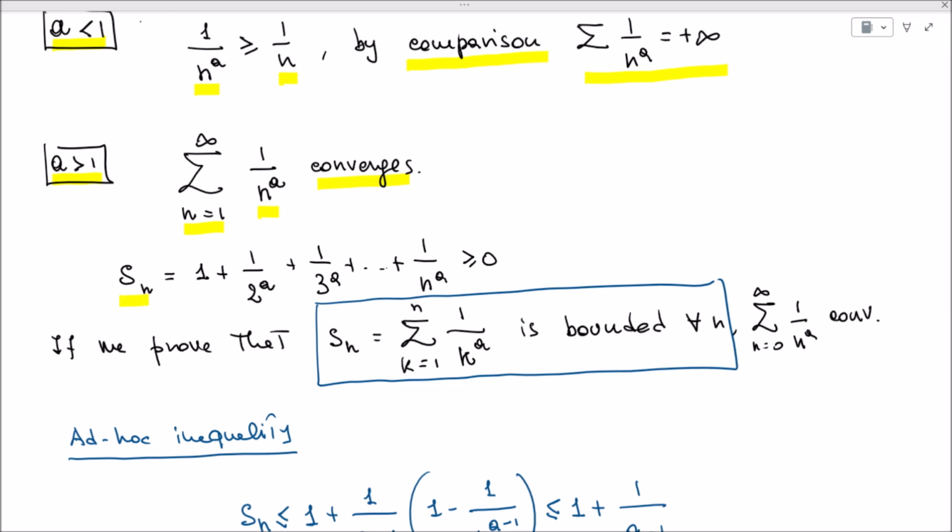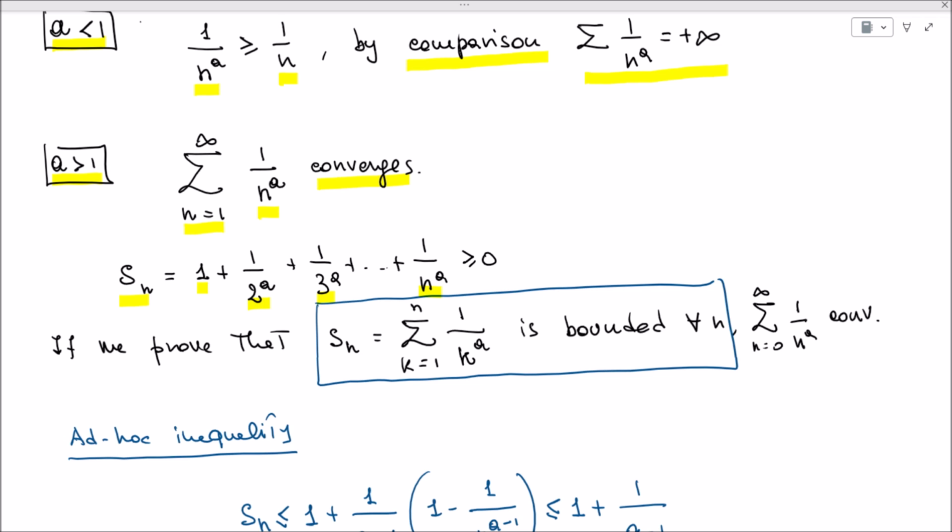If we take Sn, we need to add n plus 1 element. We'll start with n equal 1, and of course we have 1 over 1 to the a, which is 1. If we go for n equal 2, we have 1 over 2 to the a plus 1 over 3 to the a, up to 1 over n to the a.